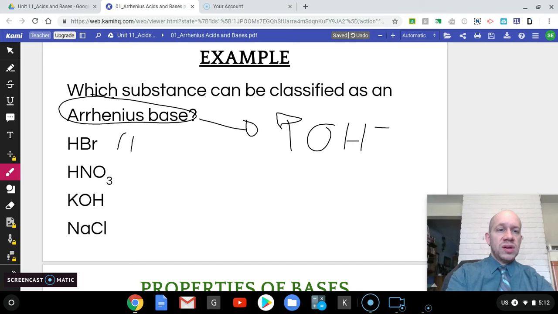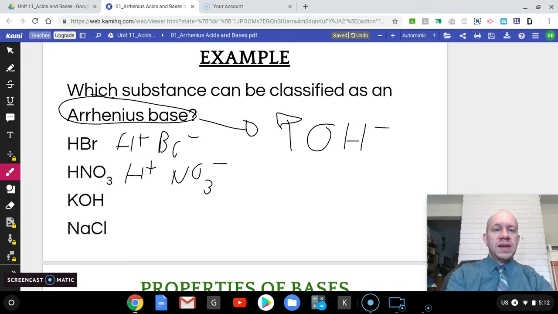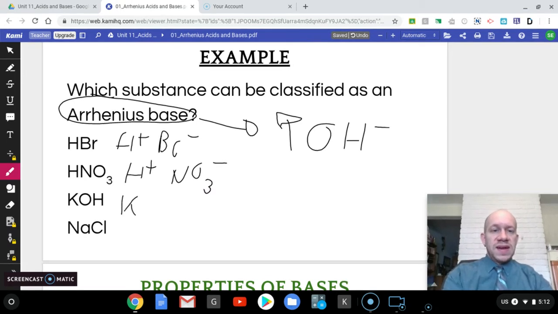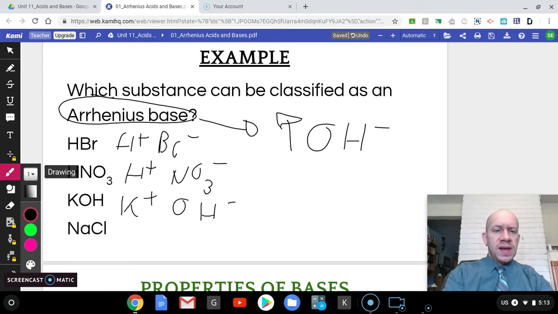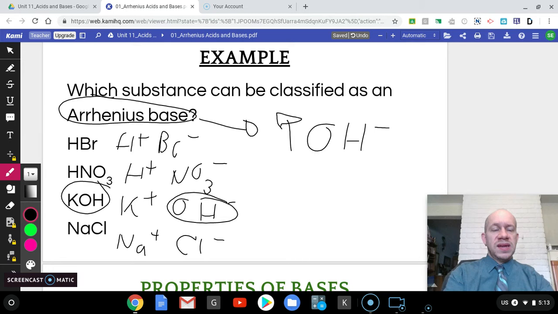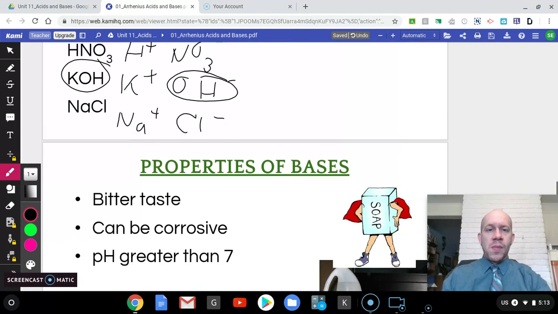So H+ and Br minus for hydrogen bromide, H+ and NO3 minus for nitric acid. Potassium hydroxide breaks into potassium and hydroxide. And sodium chloride. So the one that increases our hydroxide is our potassium hydroxide.